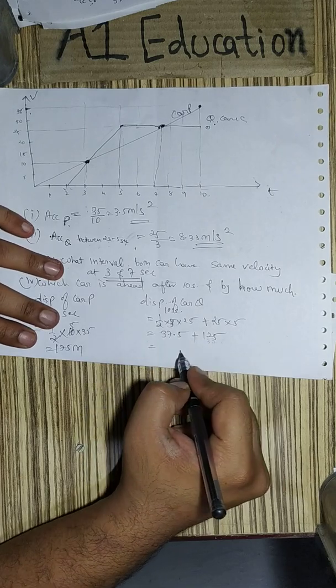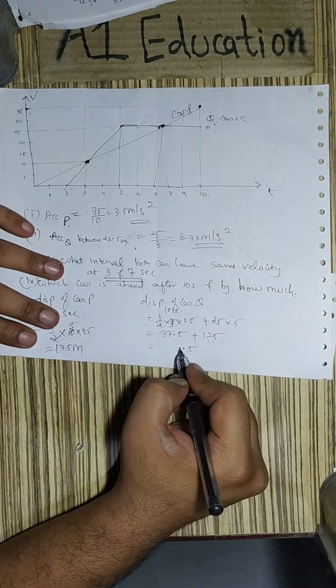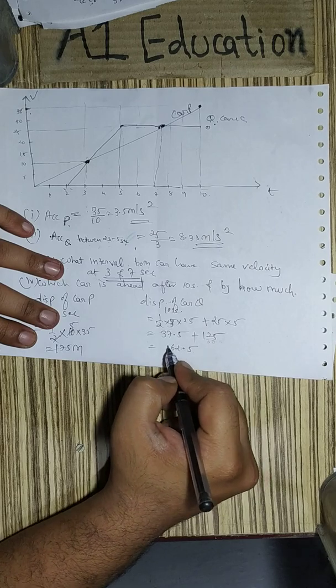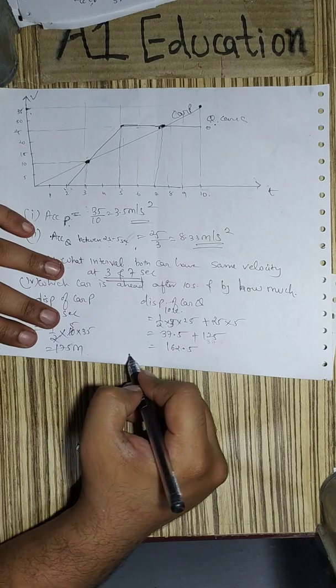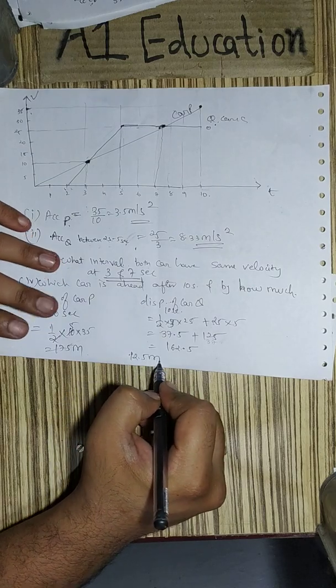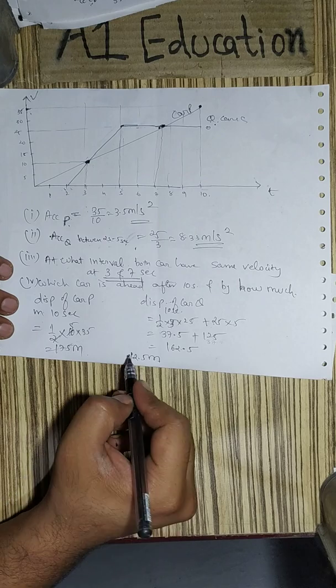If we add these, it will be 162.5 meters. And the difference is 12.5 meters. So car P is ahead by 12.5 meters.